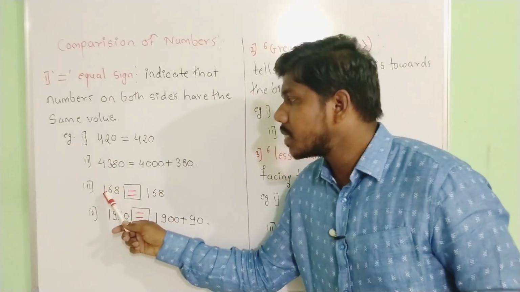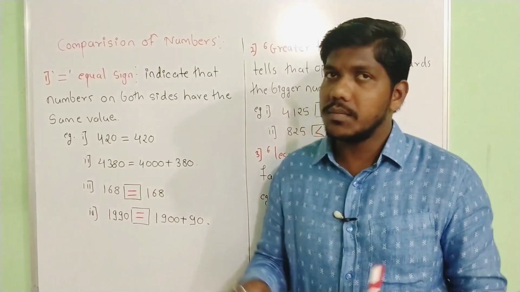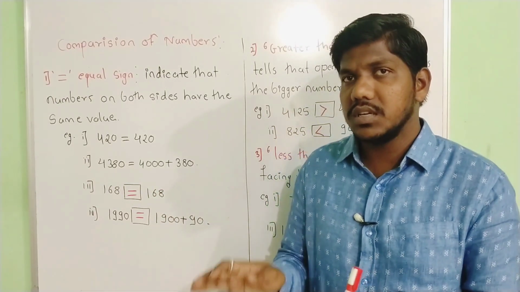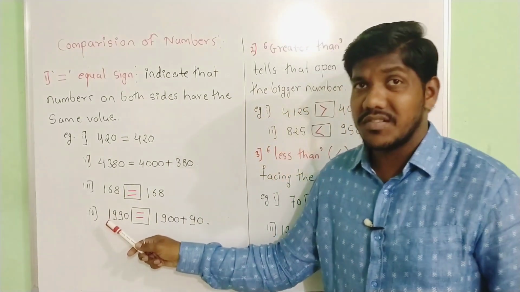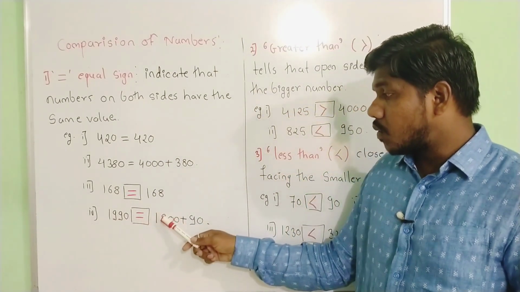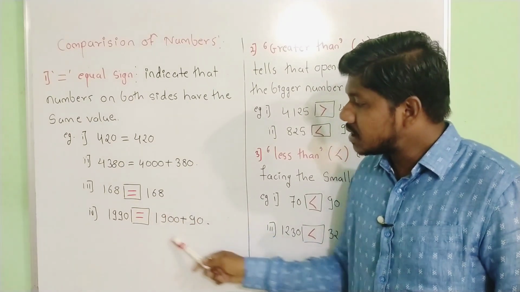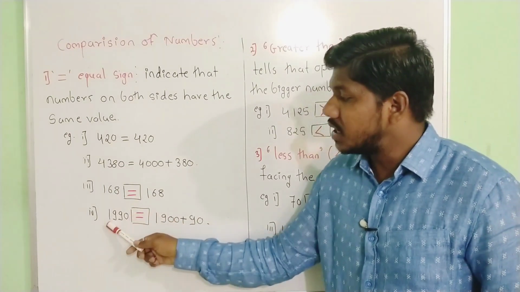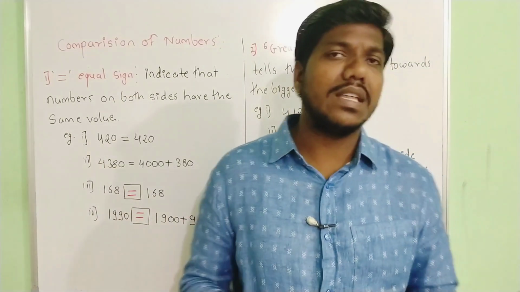Third question, 168 and 168, both numbers are the same, therefore we put the equal sign. Next, 1990 and 1900 plus 90. So 1900 plus 90 will equal 1990, clear, therefore we put the equal sign there.